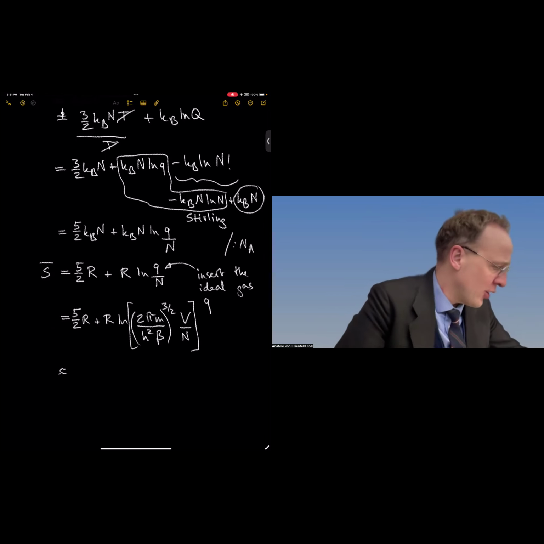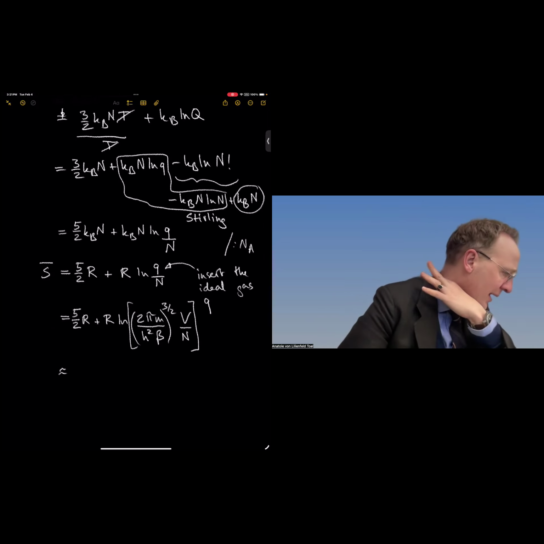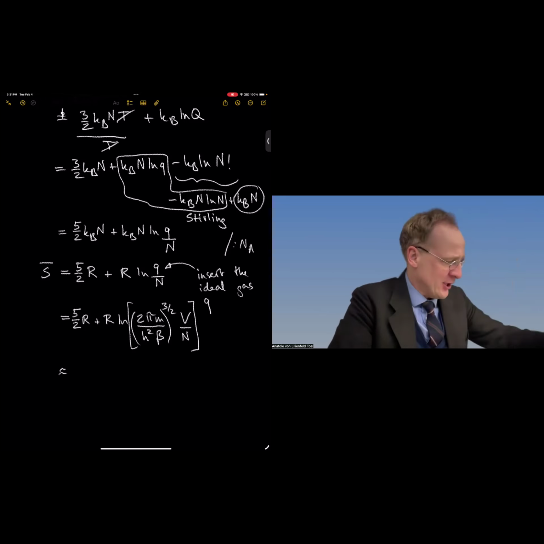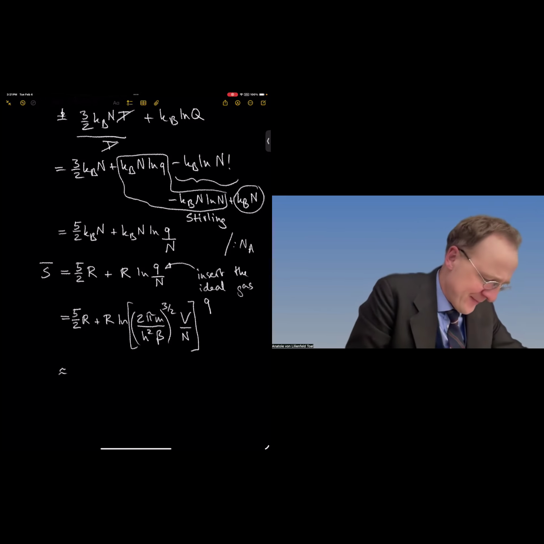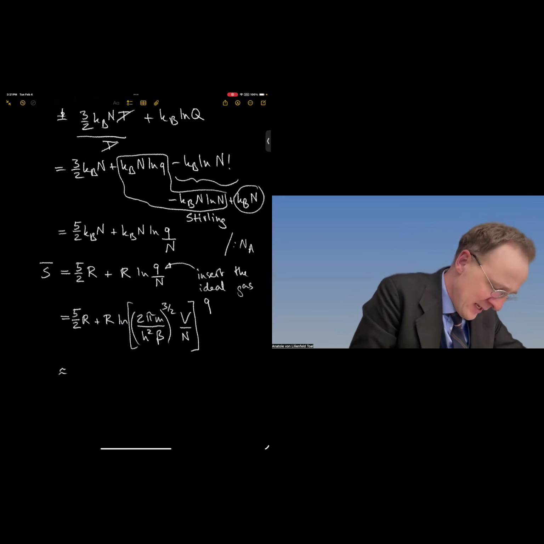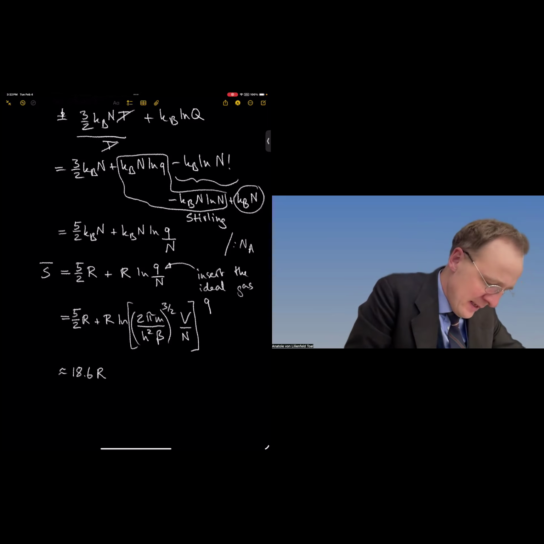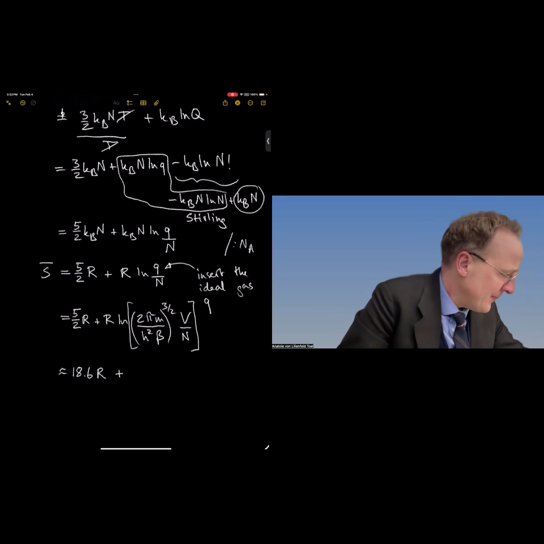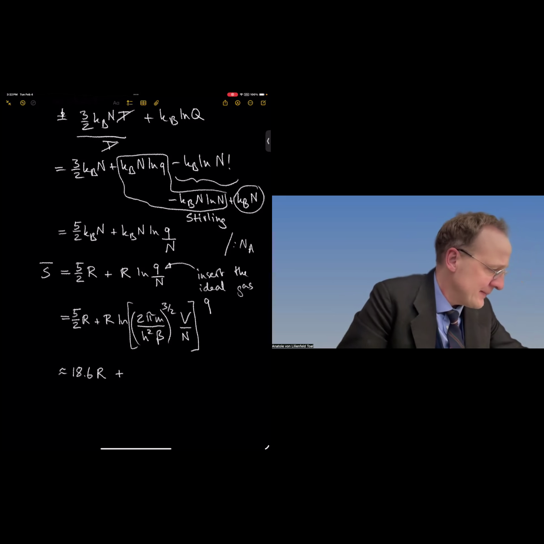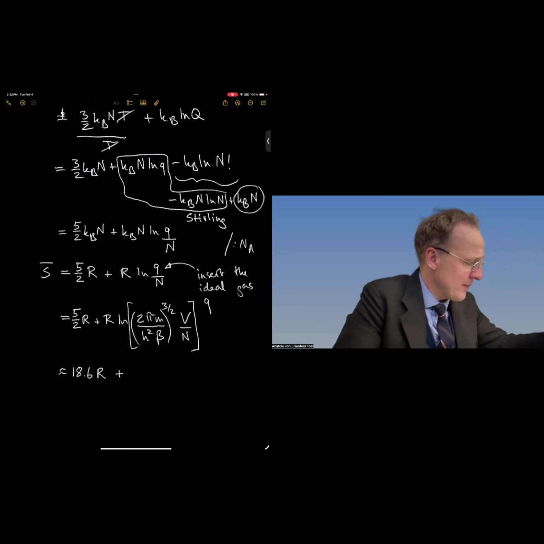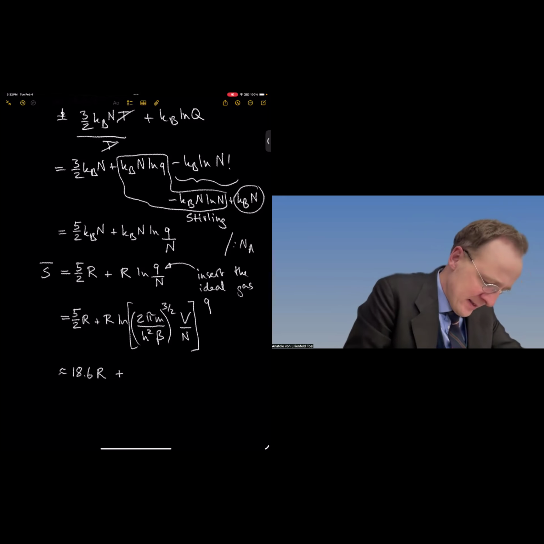unite the constants, the 2 pi and h squared with the 5/2 r, and you will obtain approximately 18.6 r. And now I take out my molar volume.